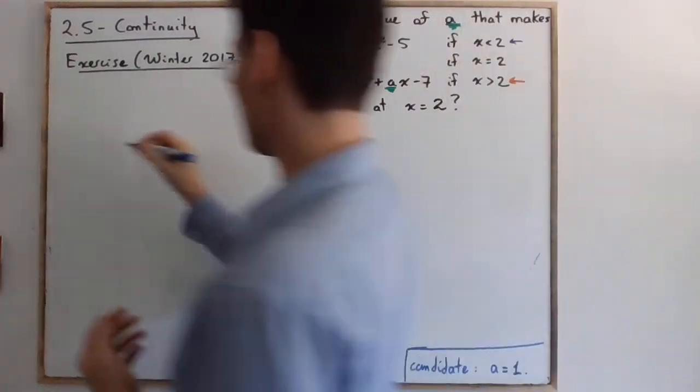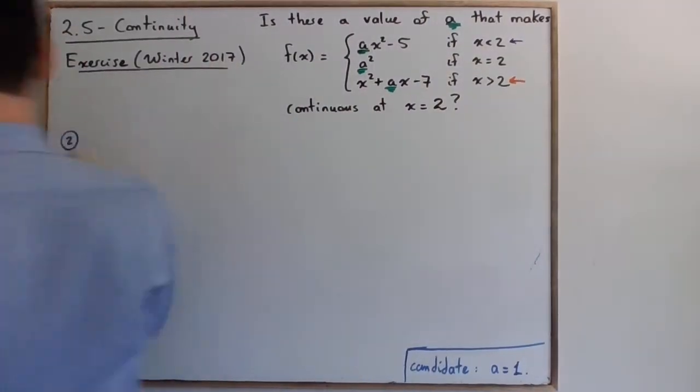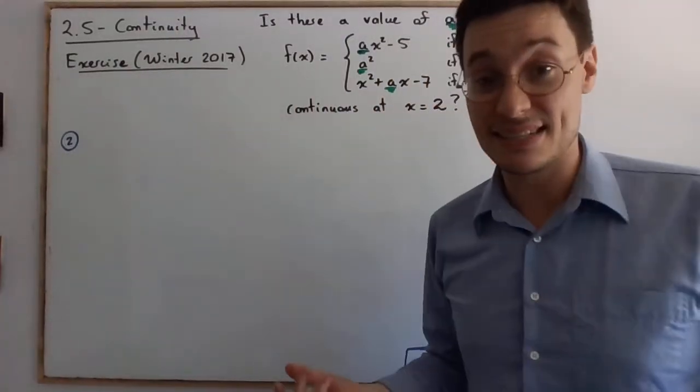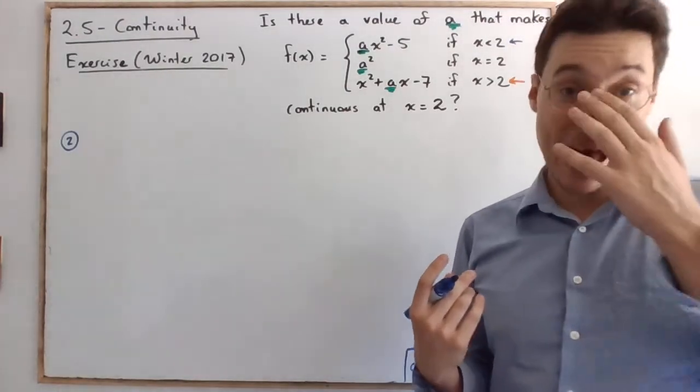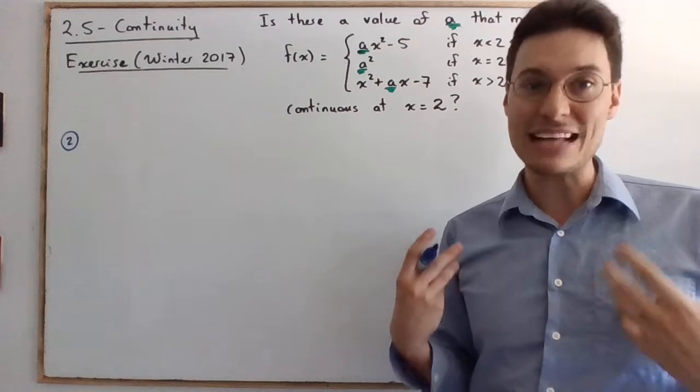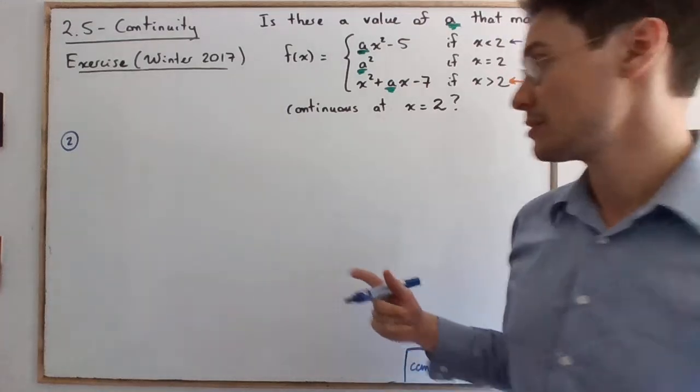Now, in step number 2, we know that the limit exists when a is equal to 1, but we have to ensure that the value of the limit matches the value of the function.